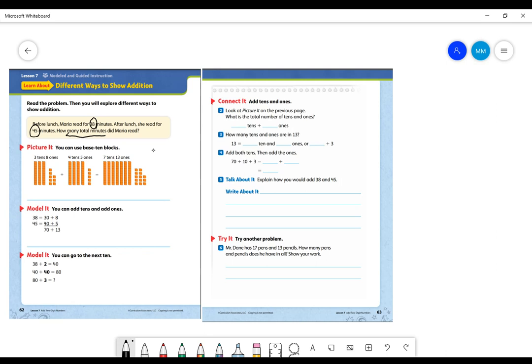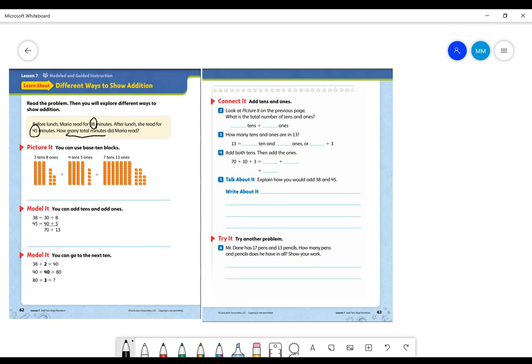So three groups of 10s and 8 ones. In 45, there are four tens: 10, 20, 30, 40. So four groups of 10 to make 40 and 5 ones. If we put it all together, we would have 7 tens and 13 ones.